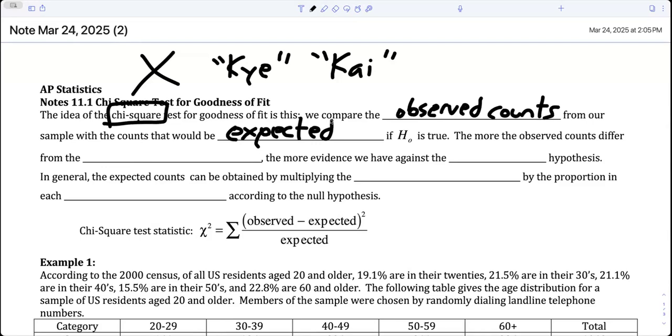The more the observed counts differ from the expected counts, the more evidence we have against the null hypothesis. In general, the expected counts can be obtained by multiplying the sample size by the proportion, within each of the categories.